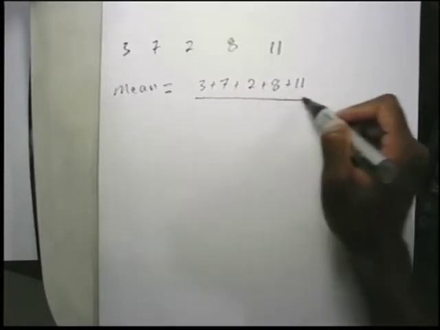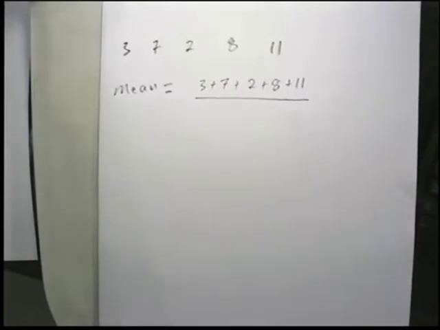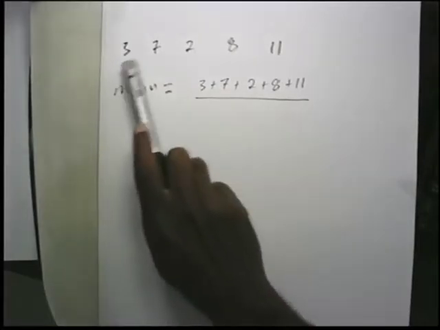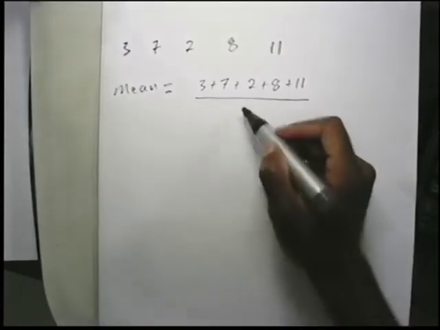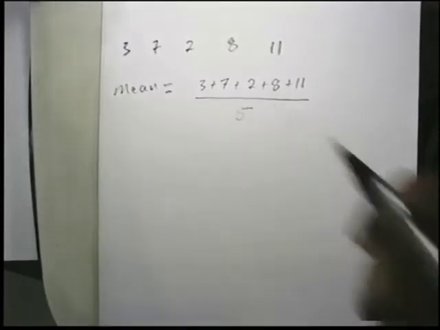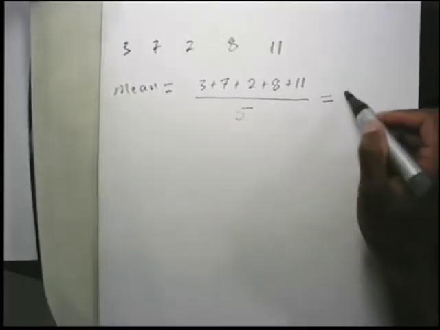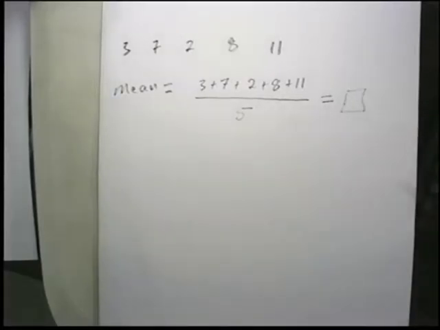So you take that sum, and then you divide this sum by the number of data points. The number of data points here is 1, 2, 3, 4, 5. So we have 5 data points, and therefore we divide this by 5, and the answer that you get will give you the mean. Okay?